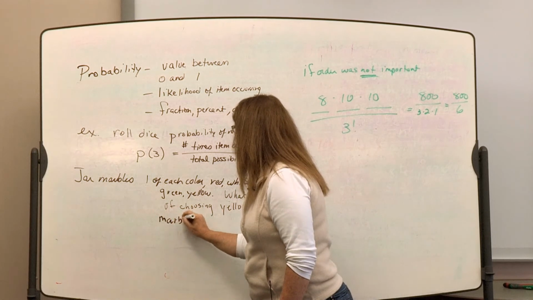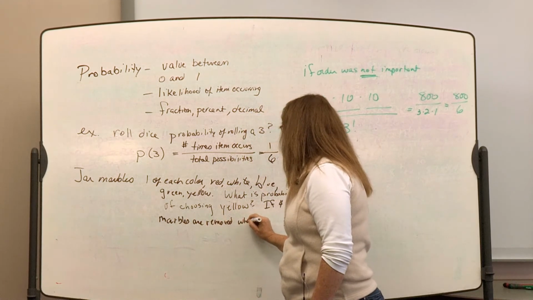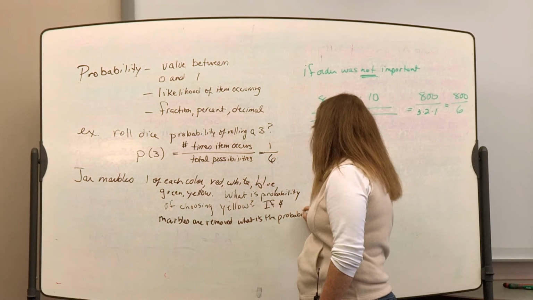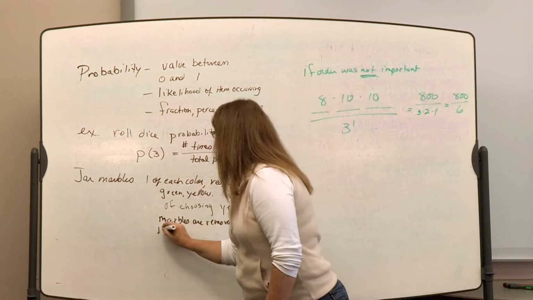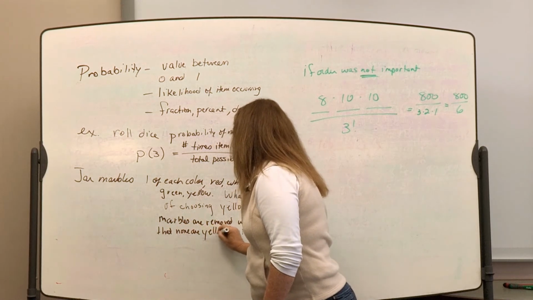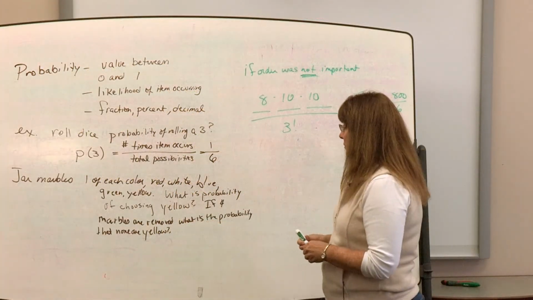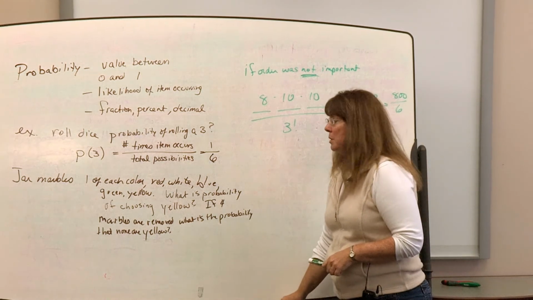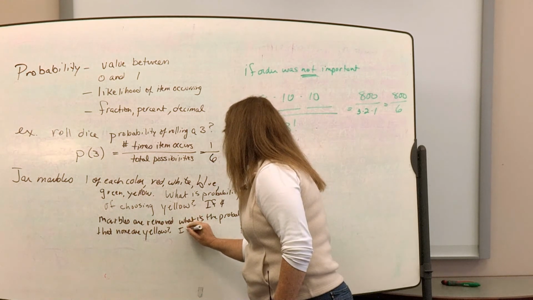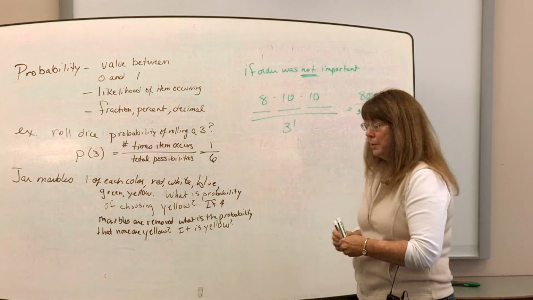Then, if 4 marbles are removed, what is the probability that none of them are yellow? So let's see what you come up with. And then we're going to say what is the probability it is yellow. So they'll change your questions around several different ways.